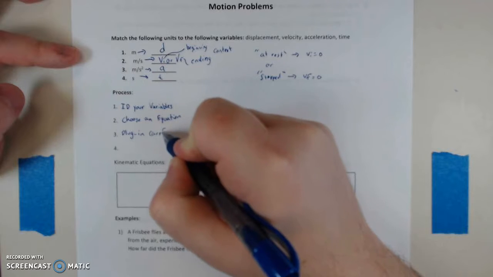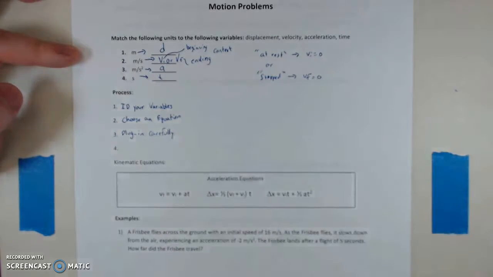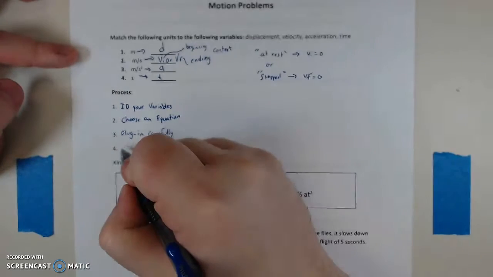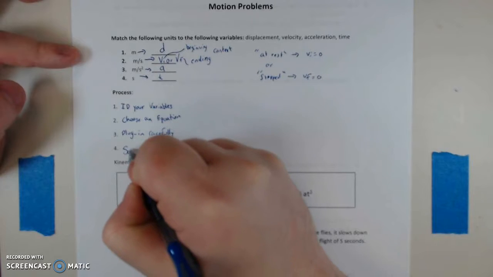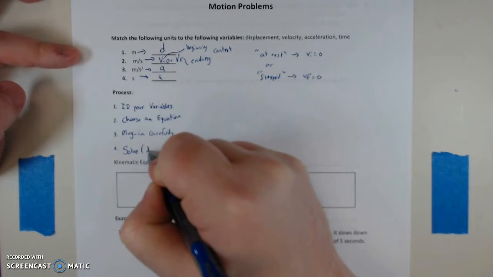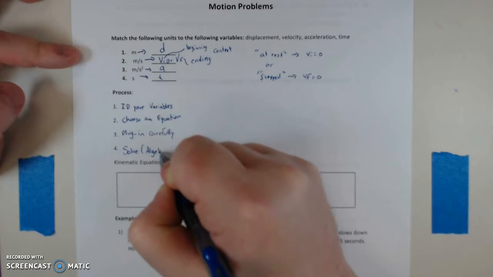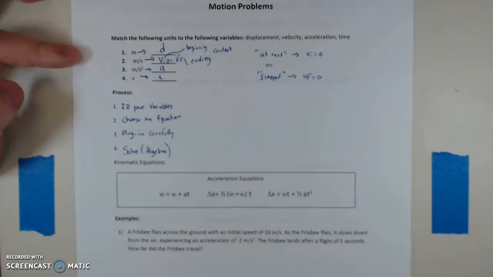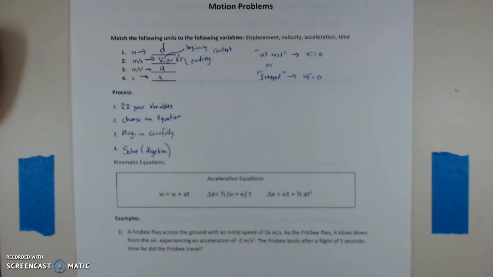One of the most common mistakes I see is students who plug in things incorrectly and then just go with it from there. Then lastly, we will solve, which will require some level of algebra every so often, so just be aware of that. Some problems don't need it, but other problems do. And once we have those 4 steps done, then usually our problem is finished.